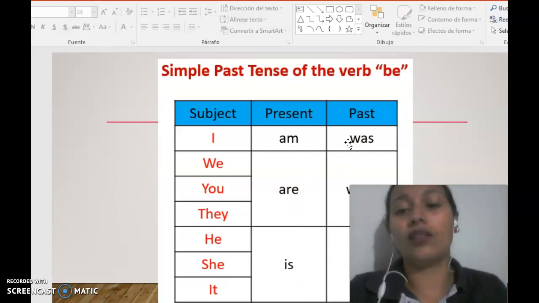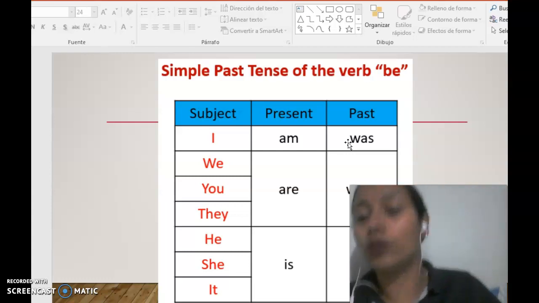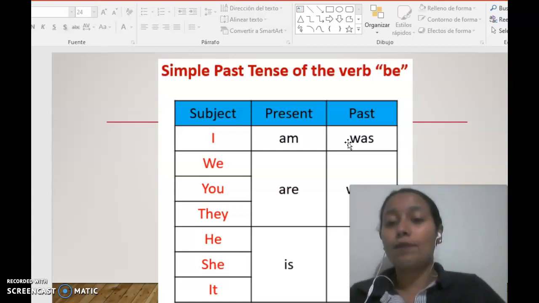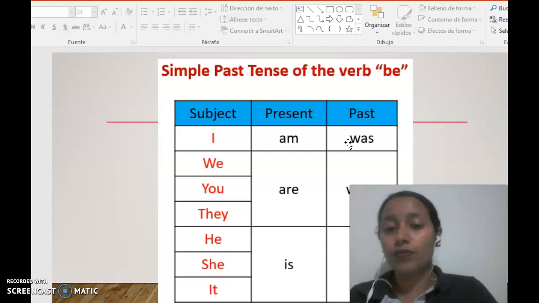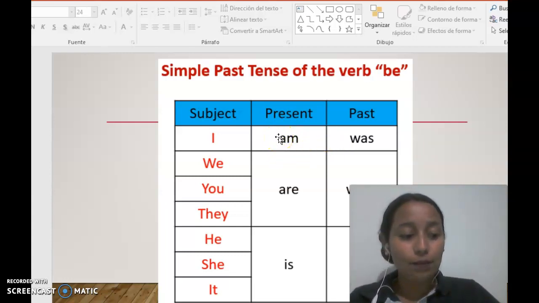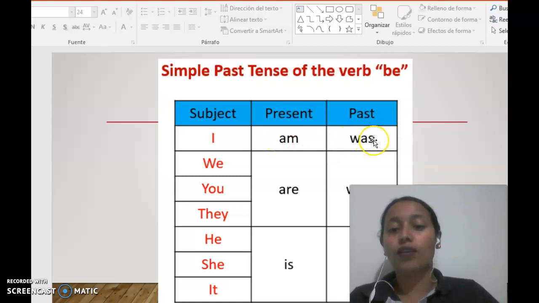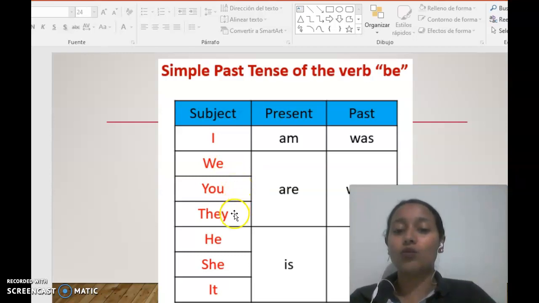Para el sujeto o el pronombre I, vamos a utilizar el pasado que es was, o sea, este am está en presente, y el pasado es was. Aquí tenemos los pronombres we, nosotros, you, usted o ustedes, y they, ellos.